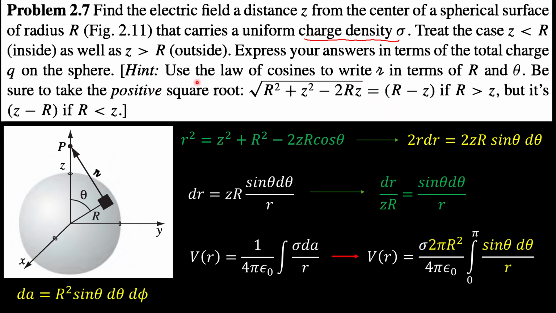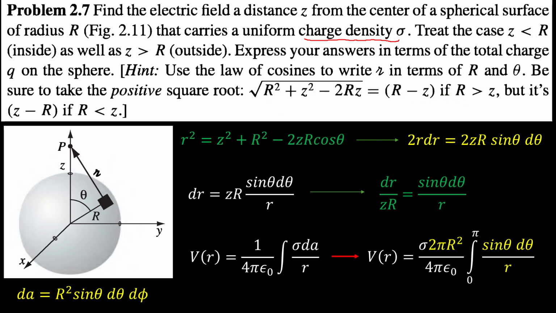A hint is given: use the law of cosines to write script R in terms of capital R and theta. Be sure that you take the positive square root. So the square root of R squared plus z squared minus 2Rz cos theta is equal to R minus z if R is greater than z.